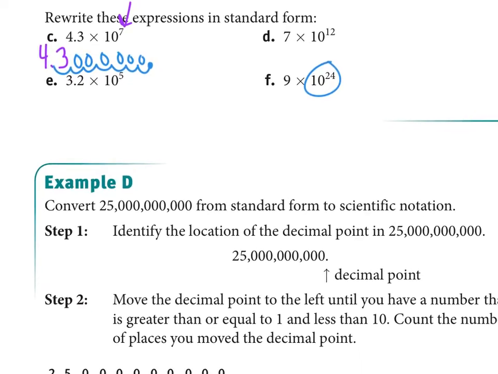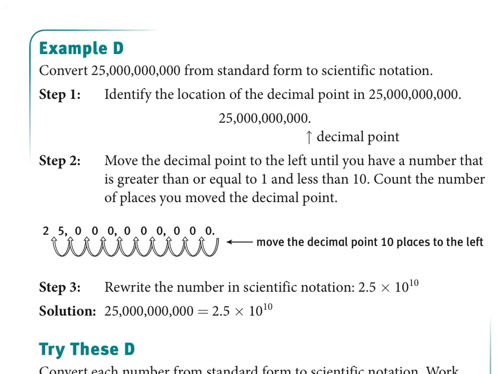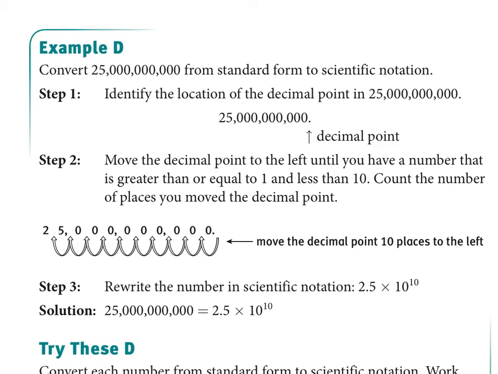All right, but anyways, let's see if we can do this backwards. Okay, can we convert 25 billion from standard form into scientific notation? Okay, so here's the trick. We want to identify the location of the decimal point first. We know 25 billion has a decimal point at the end. We need to figure out what the number is that we're going to multiply times 10 to a power. So remember, that number needs to be between 1 and 10. So I need to figure out how many times I'm moving the decimal to get it right in between the 2 and the 5.